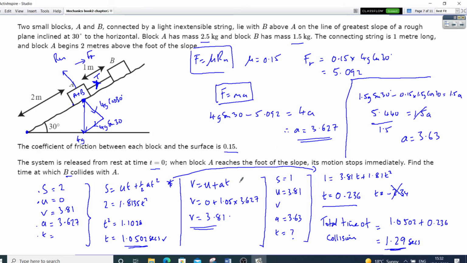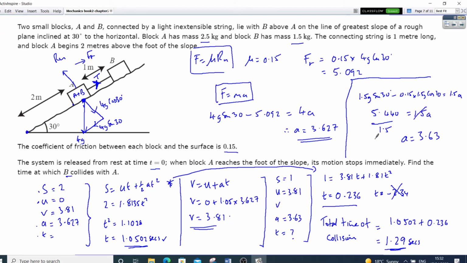Okay, so basically what's happened here is that because they had the same coefficient of friction, we treated them as one block coming down, but as soon as A reached the bottom, the tension was broken, and therefore B was traveling independently, so we had to recalculate the acceleration at which B was traveling, without the string attached to it. First, it took 1.05 seconds for A to hit the floor.